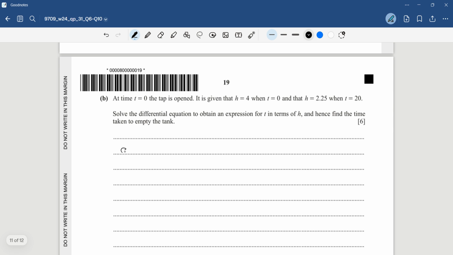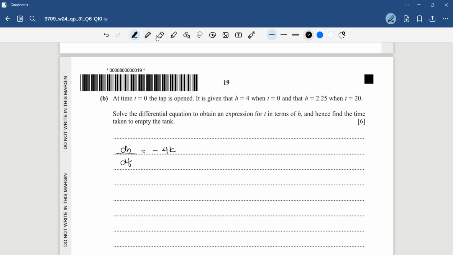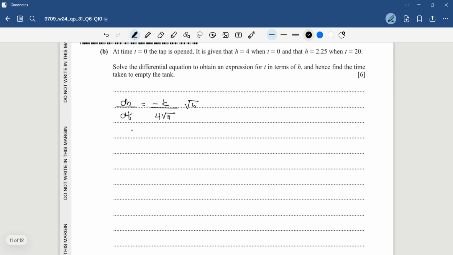So it's given that dh over dt is equal to negative k over 4√π times √h. So we rearrange: 1 over √h dh equal to negative k over 4√π dt.